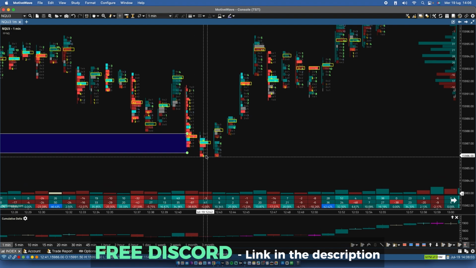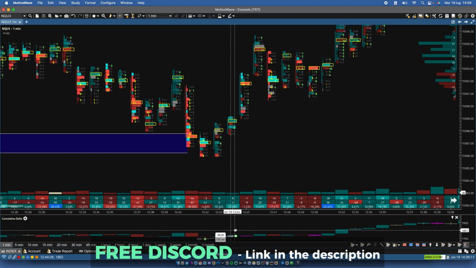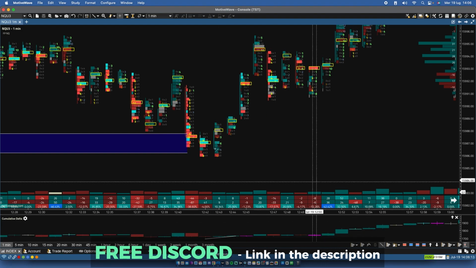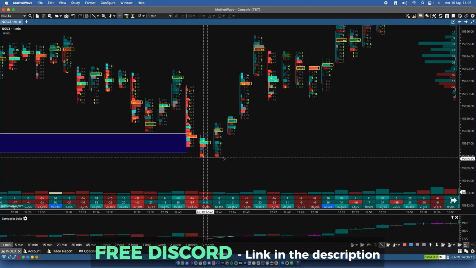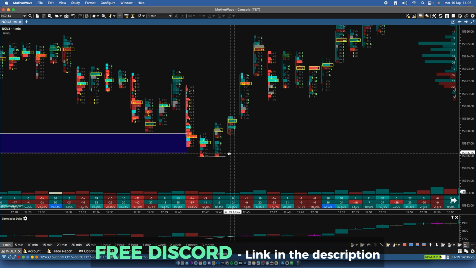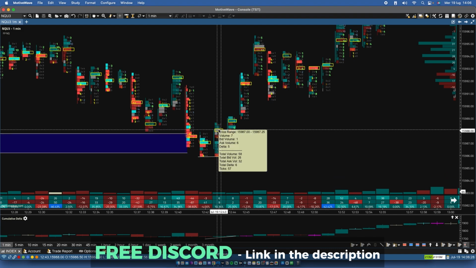Okay, so we have double equal lows here, and CVD is going up. So this is not easy to show, but this is a small divergence. Okay, then we have a switch of the POC.